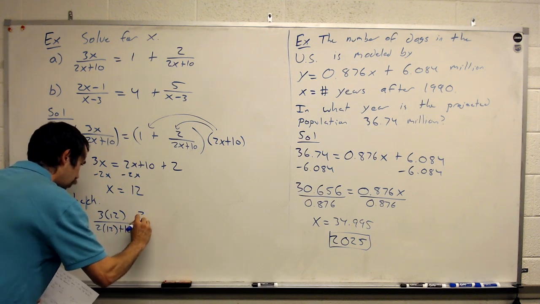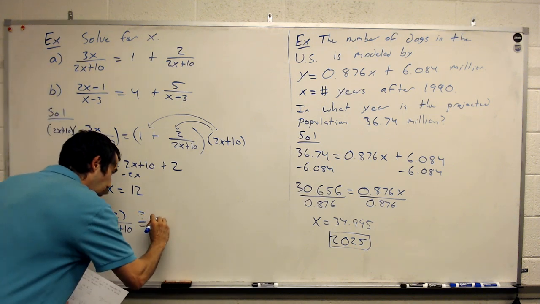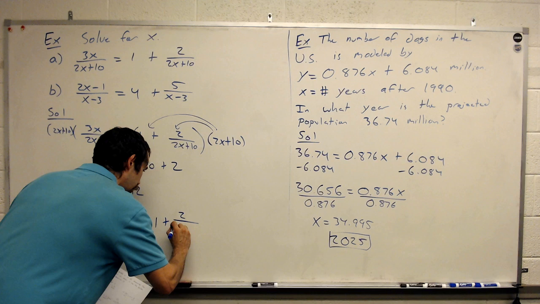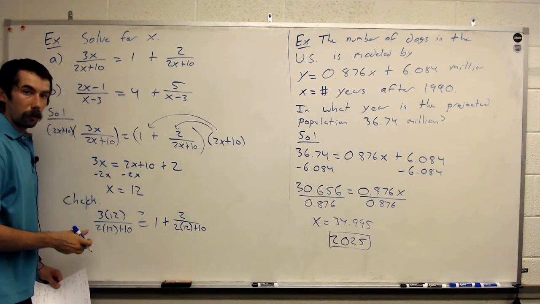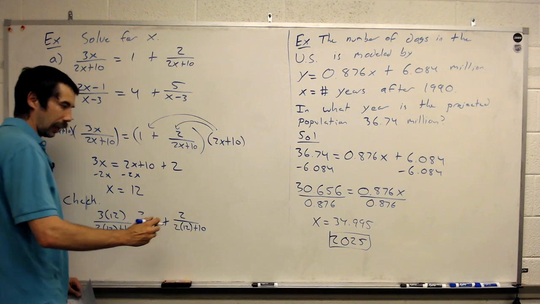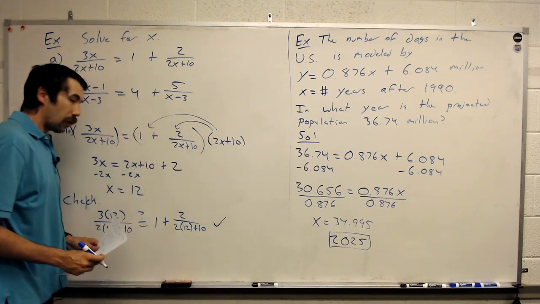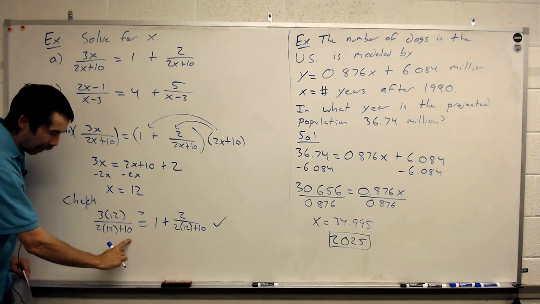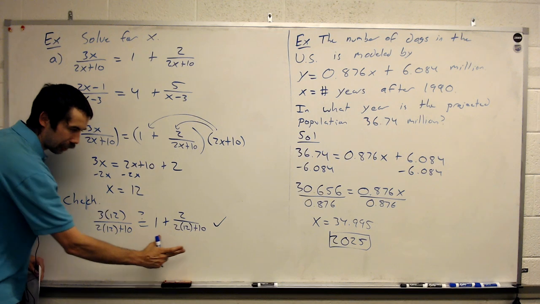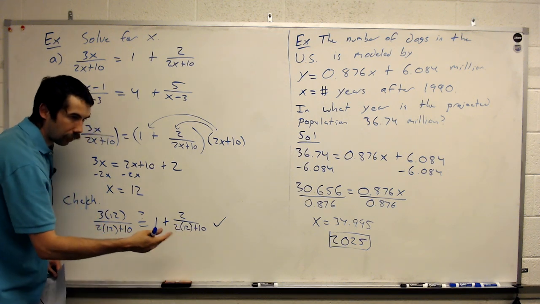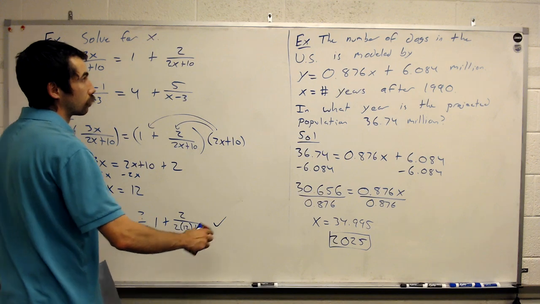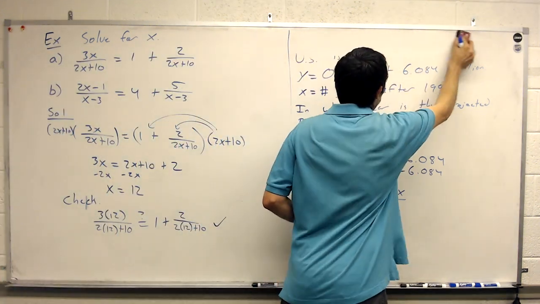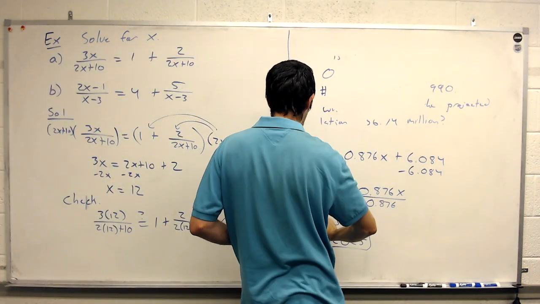Is that equal to 1 plus 2 over 2 times 12 plus 10? Well, you could type this into a calculator, and it is correct. Really, what we're worried about is dividing by 0. And notice our denominators, neither of these is 0. So we're good to go. Let's take a look at the second one now.